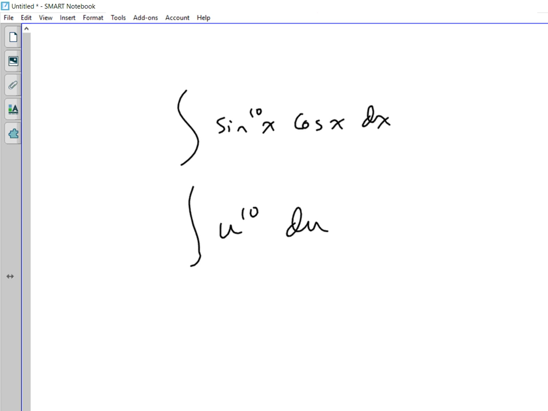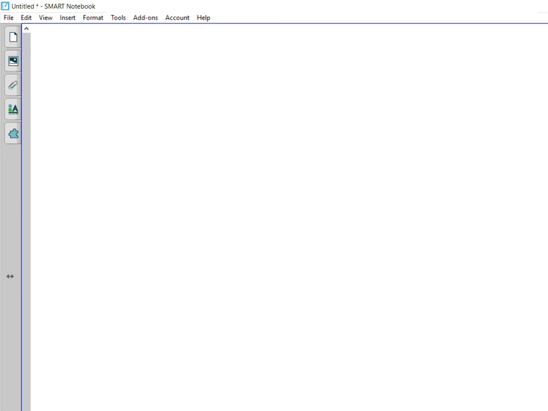So there's no real difficulty when you have something that looks like that, no matter what power sine has. Now, let's try it in some other direction. Instead of the sine being to a power, we've got a cosine to a power.